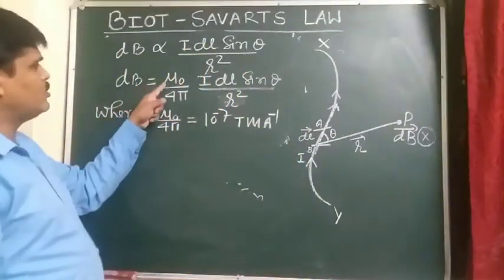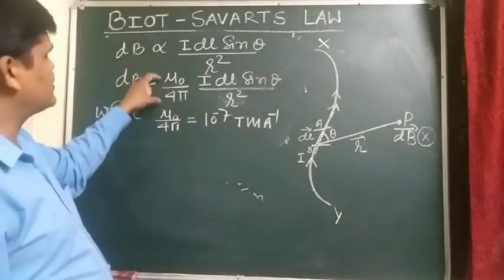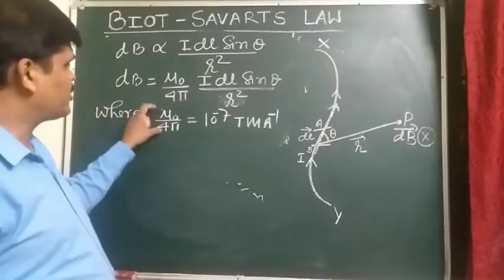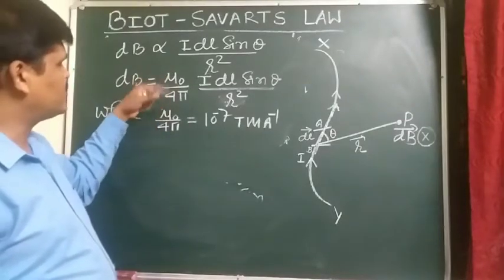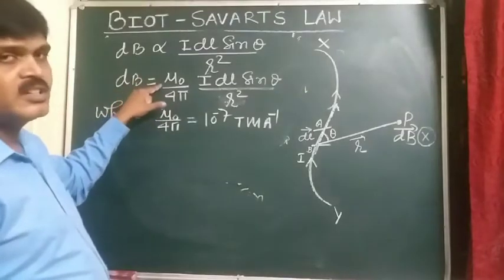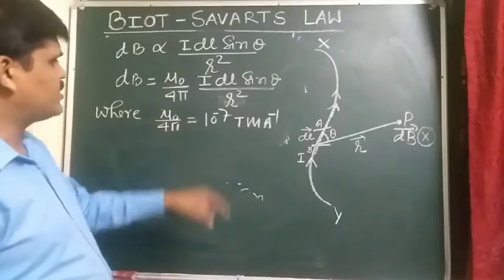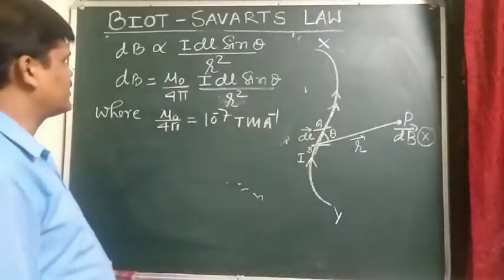So when removing this proportionality constant, the constant comes out to be mu naught by 4 pi, just like in electrostatics, 1 upon 4 pi epsilon 0. In the same way in magnetic field, the constant is mu naught by 4 pi, and its value is 10 to the power minus 7 Tesla meter ampere inverse.